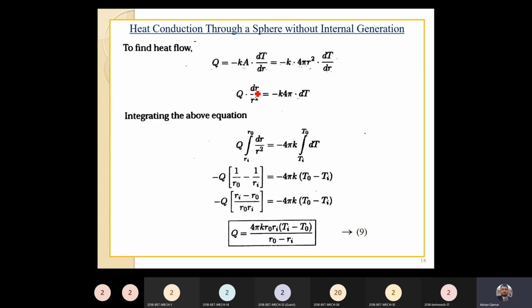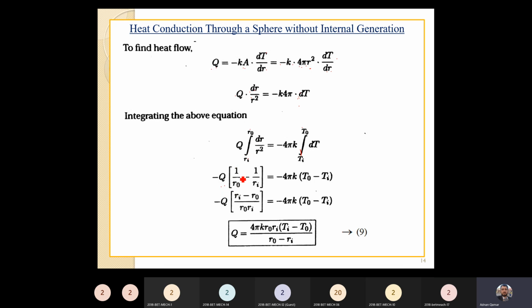So r is a variable on one side, and T is a variable on the other side. By integrating from ri to r naught on one side and from Ti to T naught on the other, you solve it simultaneously.